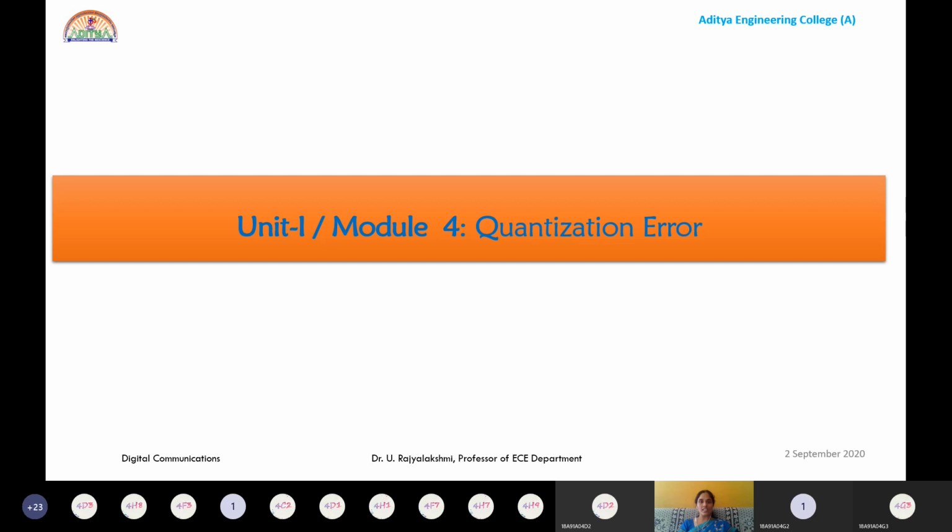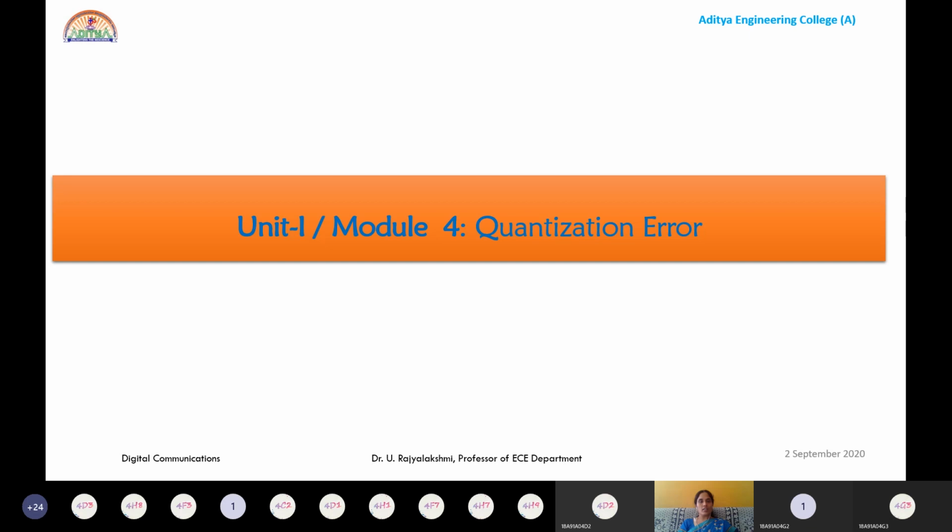In today's session we can start the quantization error. I already told you why we need to consider the quantization noise: it is very difficult to eliminate. So we need to consider the quantization noise effect while evaluating the SNR for a PCM system.